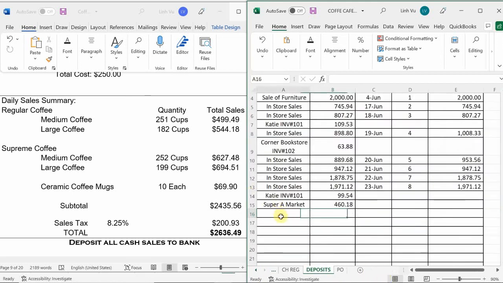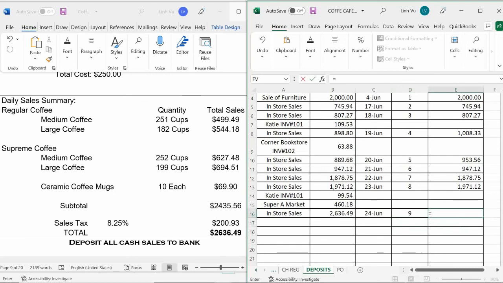So going to deposits, I have 3 deposits now. I have, right? The check from Katie, I received because she made a payment for her order. I also have a check from Super A Market, and I just received my sales for $2,636.49. Okay, and I'm going to deposit all of it as of today, June 24th, which is deposit number 9.